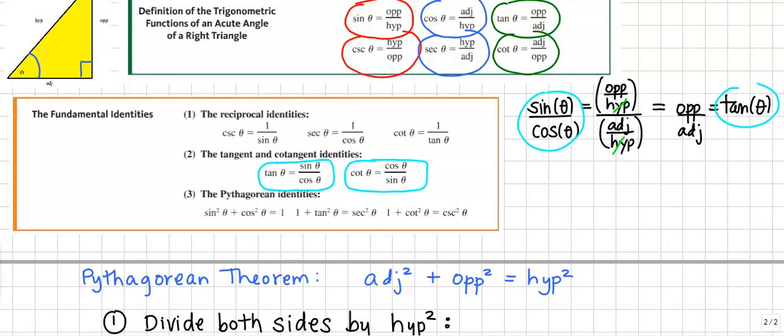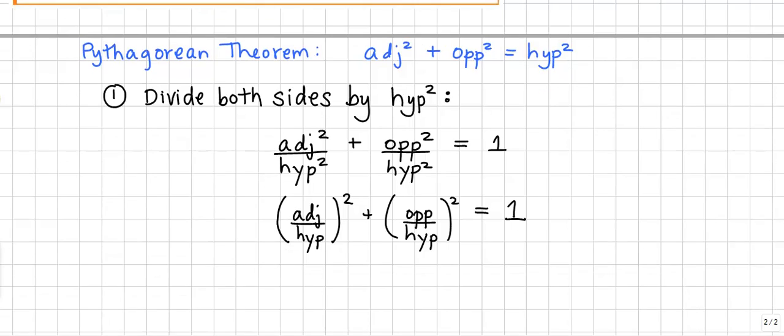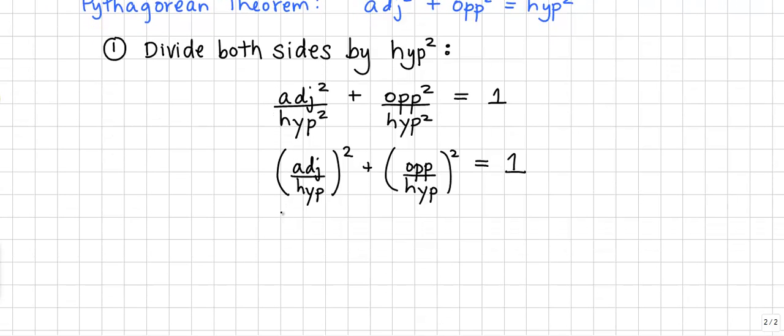I can notice that adjacent over hypotenuse is the definition for cosine. Opposite over hypotenuse in the right triangle world is the definition for sine. And I can substitute those in. This is cosine of theta. This is sine of theta. So the square of the cosine value plus the square of the sine value should give us 1.